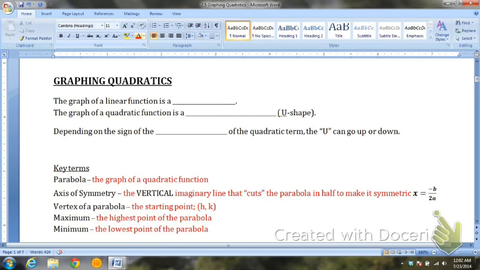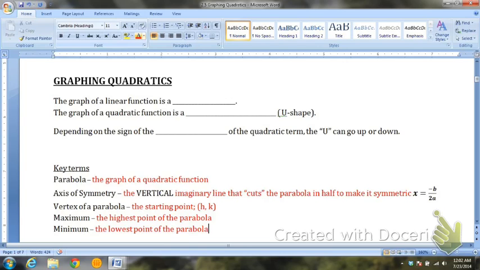Again, I cannot stress how important it is that you know x equals the opposite of b over 2a. That is hugely important, and it's going to be helpful to you as we go on. Okay, so kind of keep these things in mind.